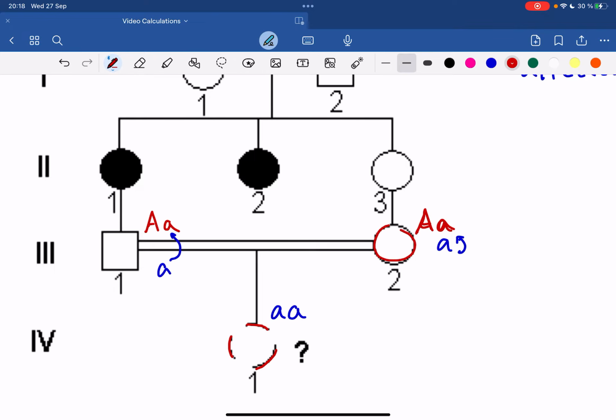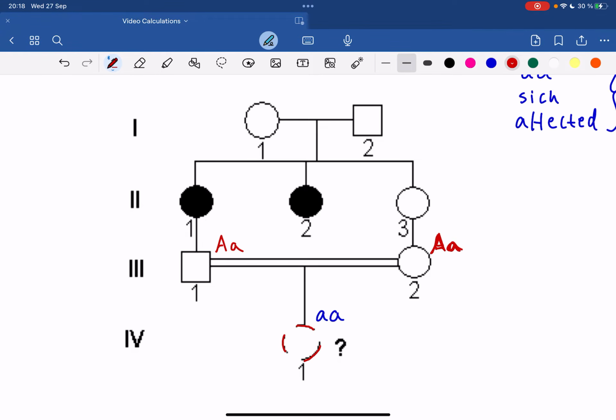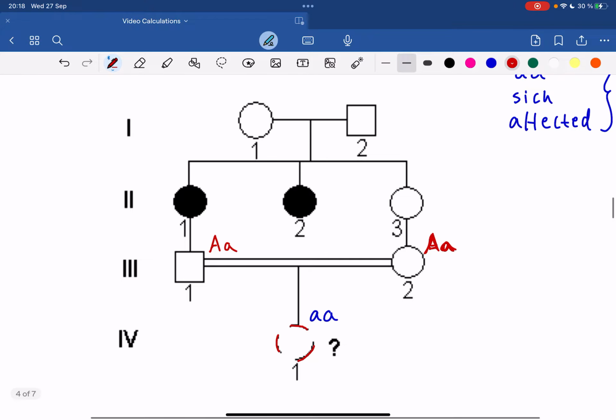Because they're healthy, they have to have at least one dominant, but in order to give the child a recessive, they also have to have one recessive. So we're looking at the probability that both are heterozygous carriers, okay? We're not really that sure. It's not 100%, it's not 50%.